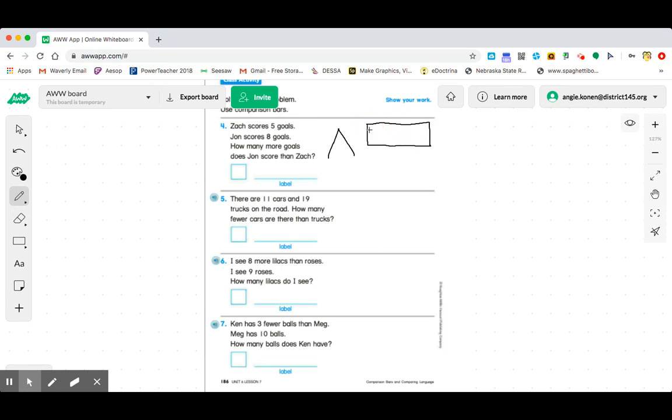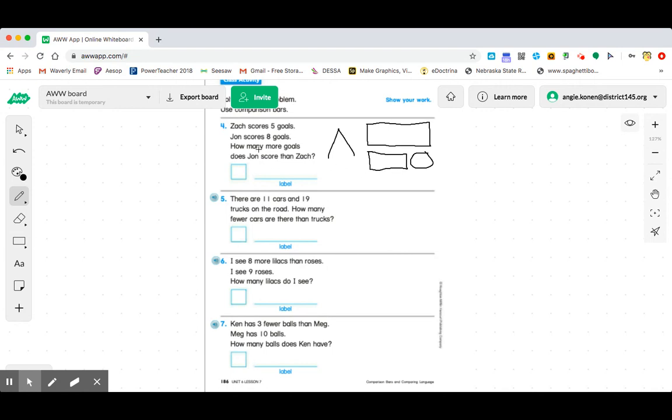Then again, we have a smaller rectangle and a circle. Notice the rectangle and circle are the same size as our big rectangle. So we have a math mountain and we have our comparison bars.